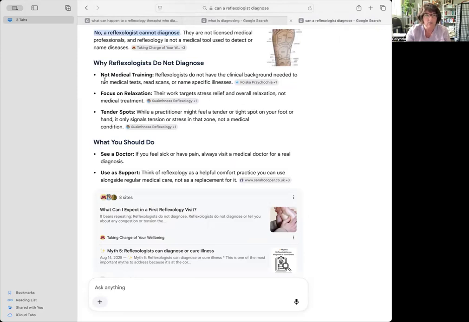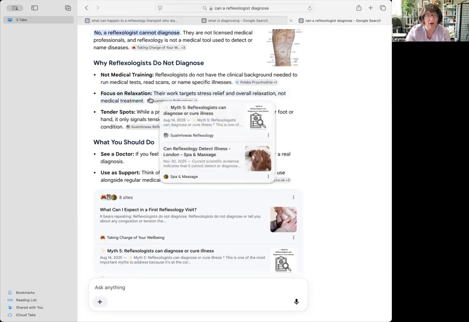It's because we don't have the medical training. Like I said, we don't have the medical tests. We don't have blood labs. We don't have CT scans. We do not have PET scans. We don't have any, and even if we did, we can't read scans and we can't name specific illnesses. So you can't say somebody has arthritis or somebody has anything because you don't have the medical credentials to do it.